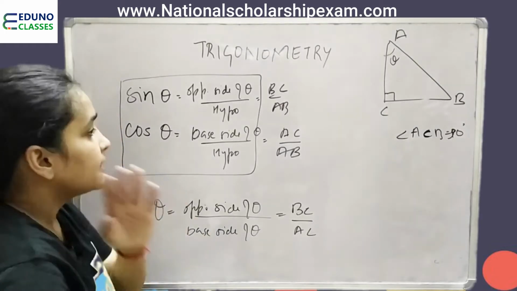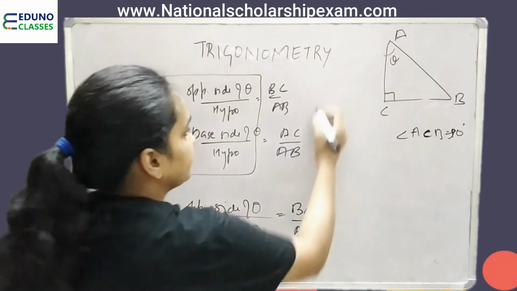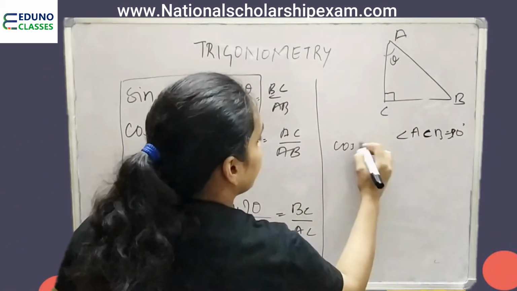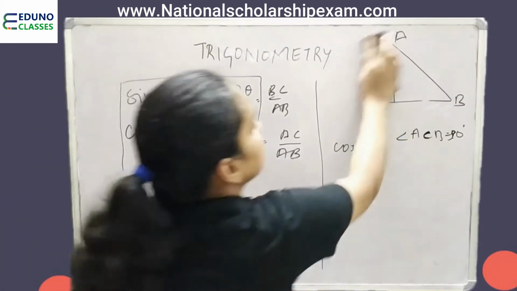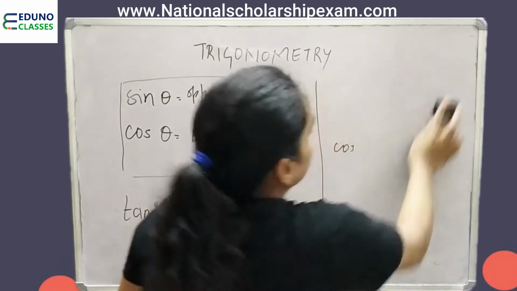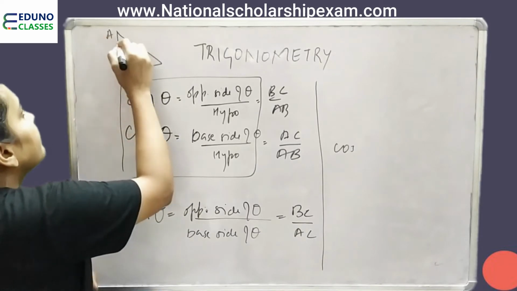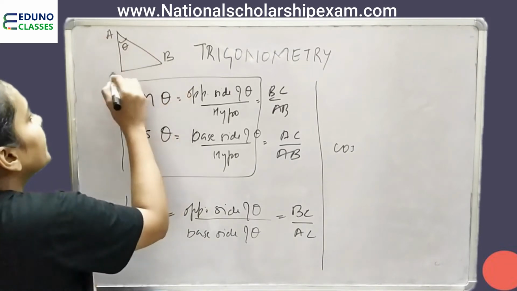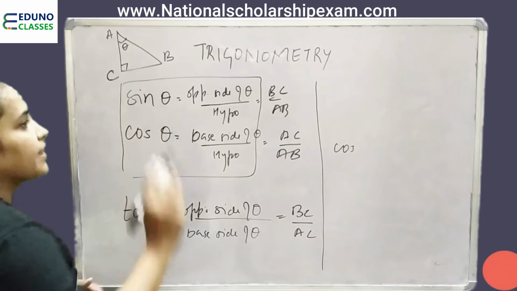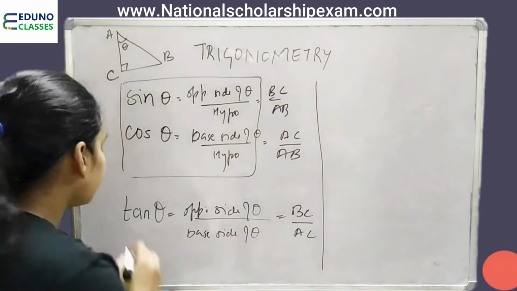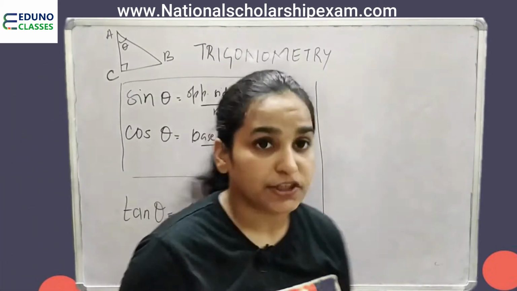Now the remaining three ratios. I'll just make this triangle over here, A, B and C. Now we are left with three other trigonometric ratios.